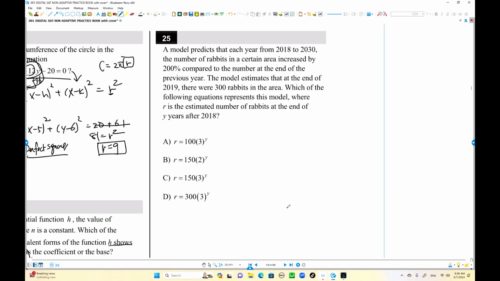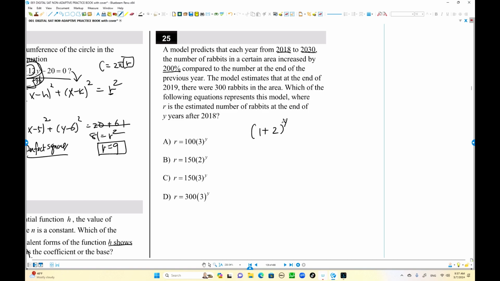All right, number 25. 2018, 2030, 12-year difference. Increased 200%, 200% increase, 200% decimal 2. That is exponential, right? Yeah, exponential. They use the y over here.